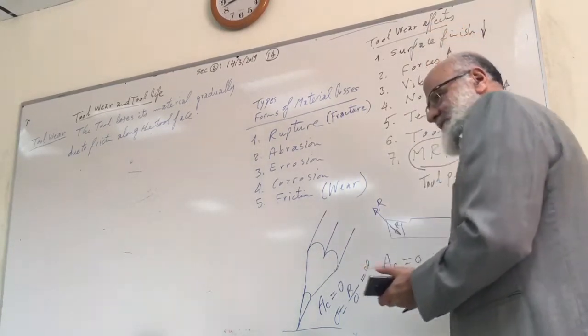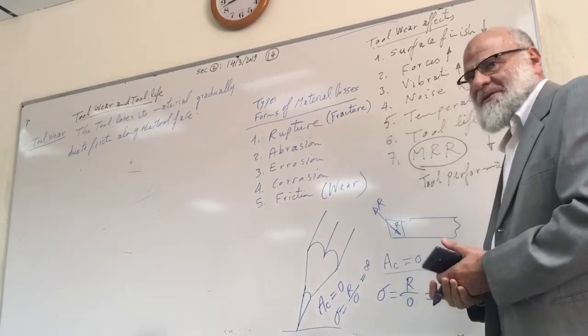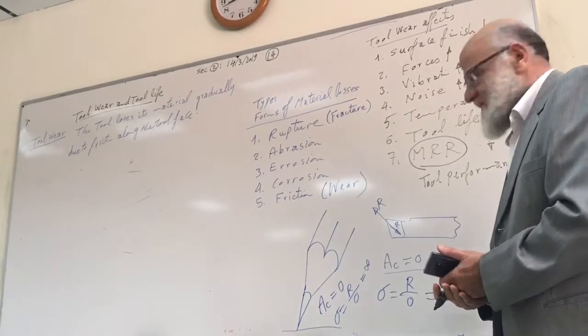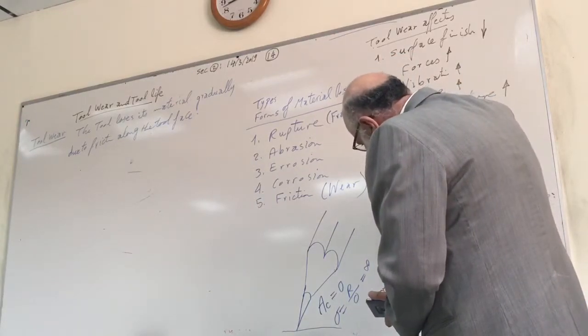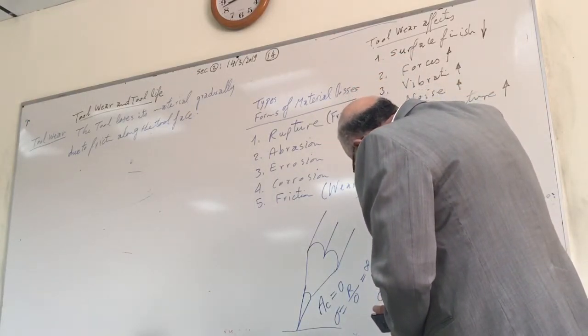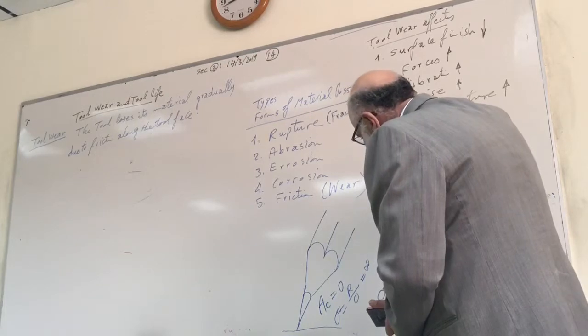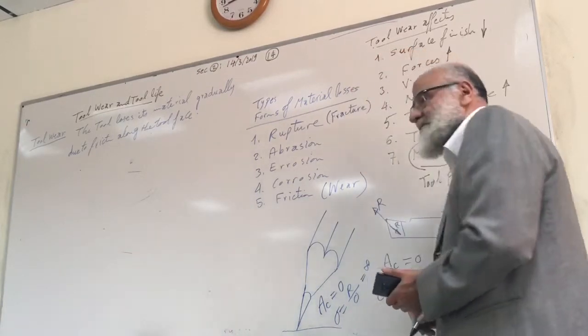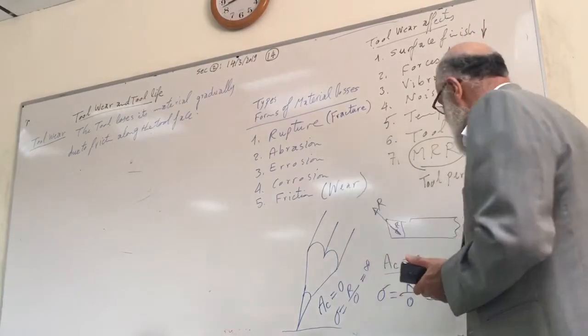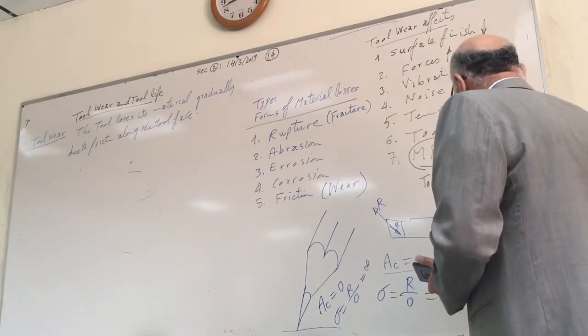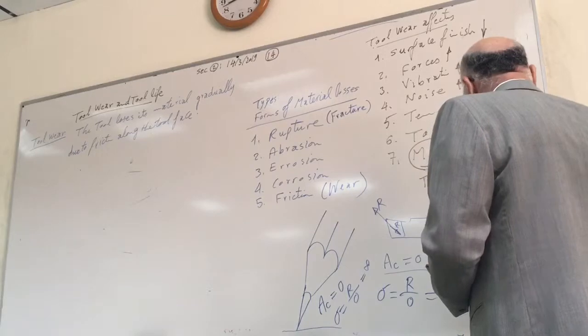Then what will happen after the rupture? Now we said that this tip will be broken, forming an area at the tip. After rupture, the area of contact will be greater than 0.